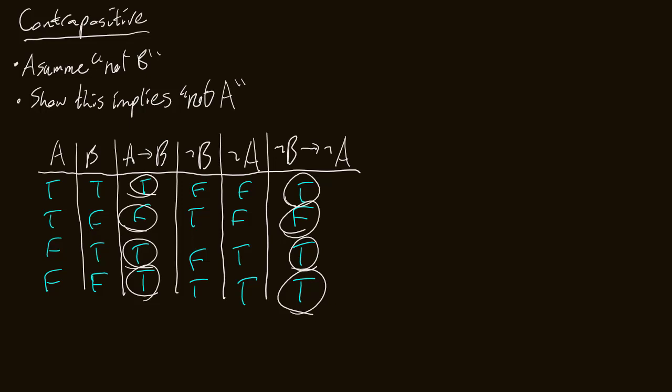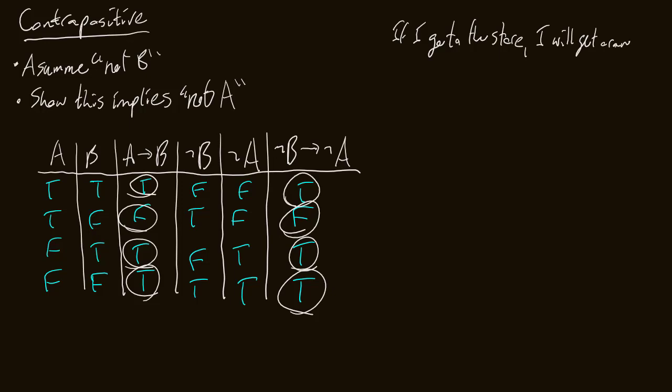Now, if you still can't see that these are logically equivalent, I mean, you can see it, obviously, I just wrote it out, but if you're having a hard time believing it, let's do a little example, a real life non-math example. So let's say I have the statement, if I go to the store, I will get oranges.